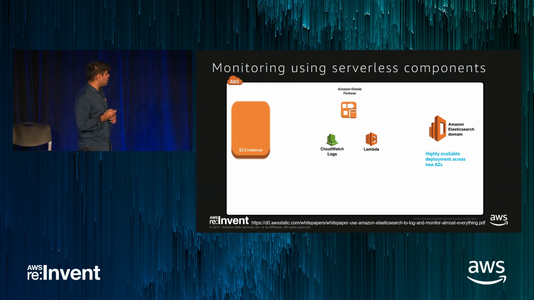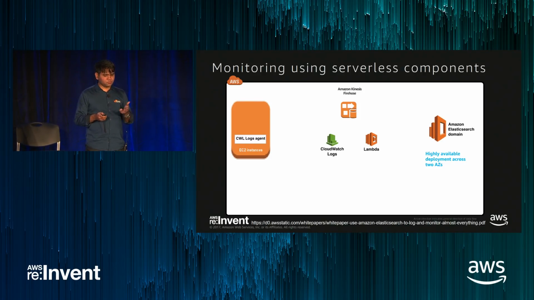Okay. So taking it a little further, if you want to monitor your applications now, what are the tools and techniques that you have at hand? So we see these days that Amazon Elasticsearch has become one of the most popular ways to monitor your logs, right? So many sources can forward the logs to it. You can have a CloudWatch agent running on the server, which can forward the logs via Lambda.